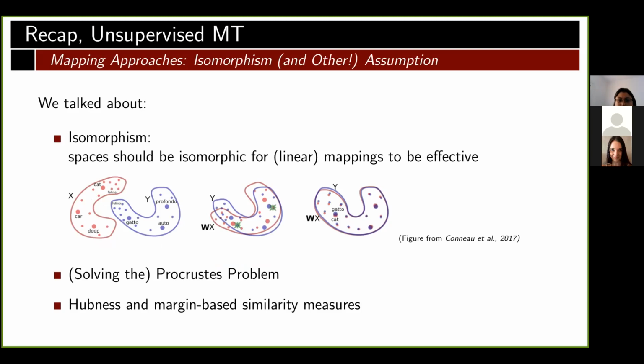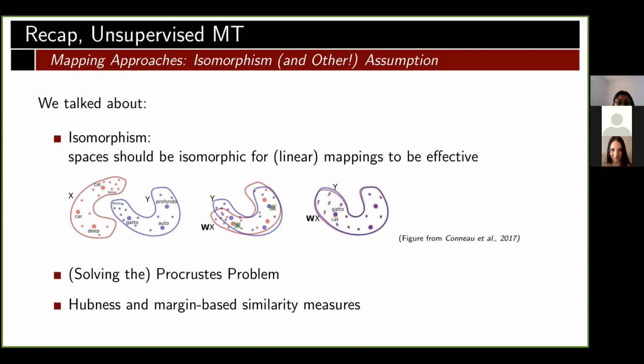We talked about the importance of isomorphism in embeddings. So for machine translation or in multilingual settings, what you want to do is have all the languages, or at least the 2 languages, in the same space. To do this, what you need mainly is to have 2 language spaces that are isomorphic to each other.